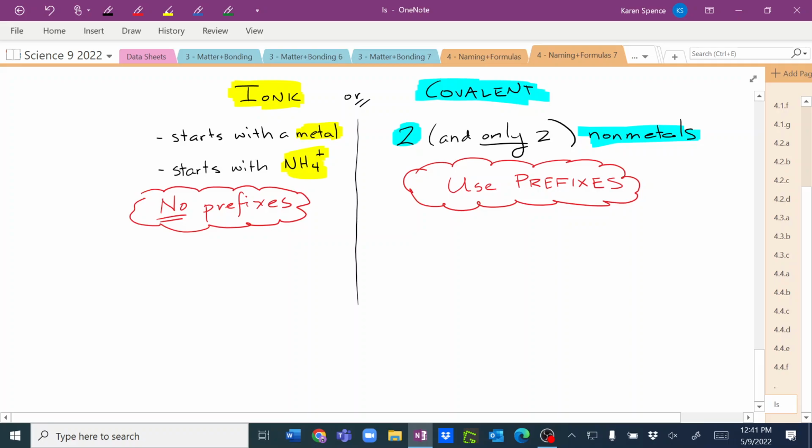With ionic, you're going to have to choose whether you have Roman numerals, or whether you have no Roman numerals.